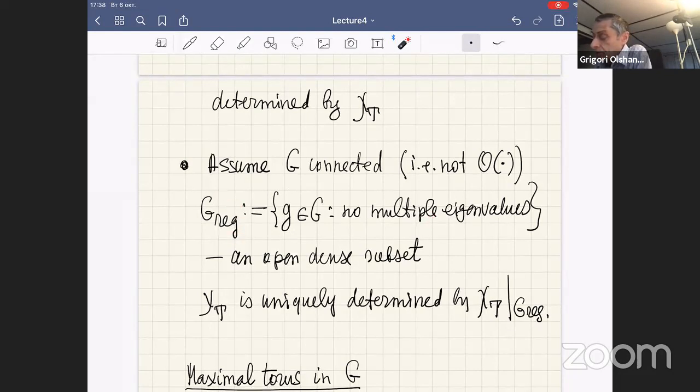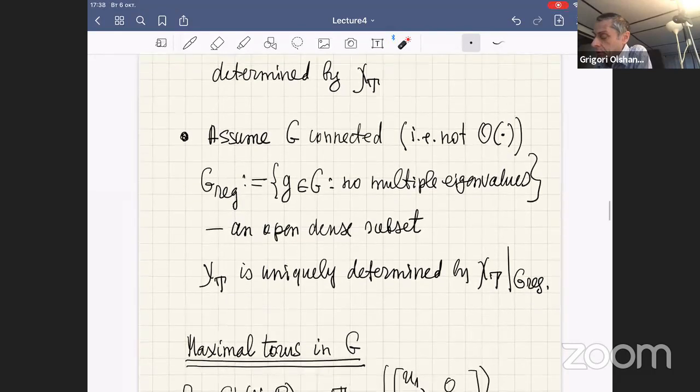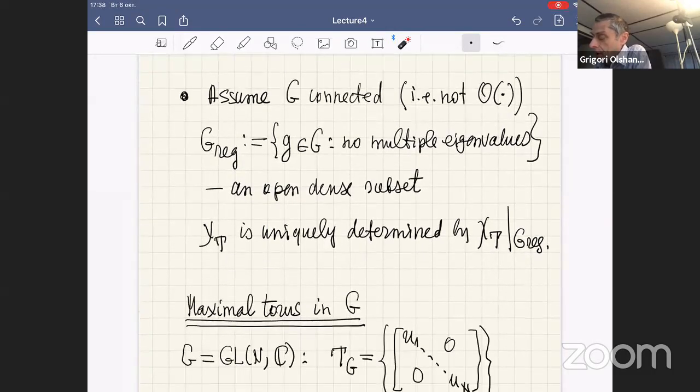The subset of regular elements is an open subset which is dense in the usual topology. The conclusion is that our character is uniquely determined by its restriction to this subset. Note also that this subset is invariant with respect to conjugation, so it consists entirely of conjugacy classes.